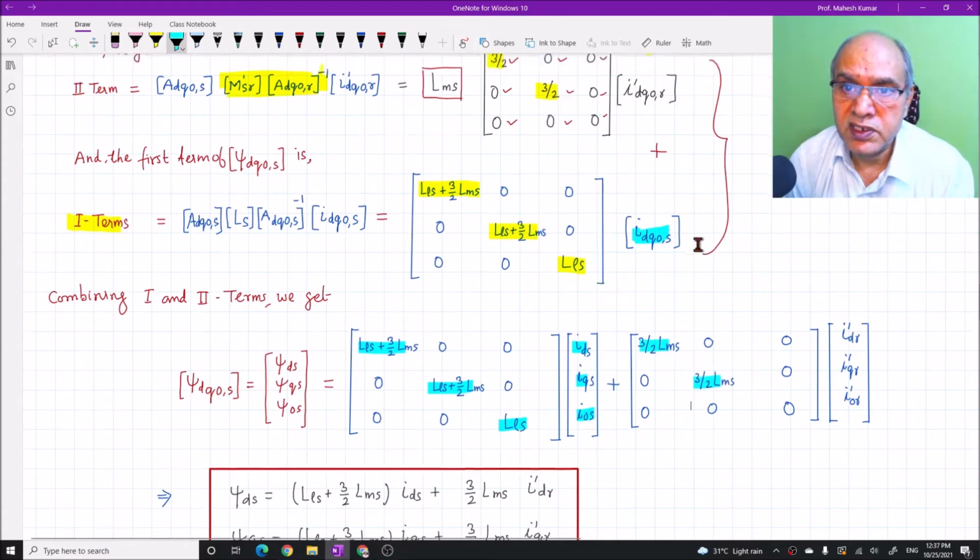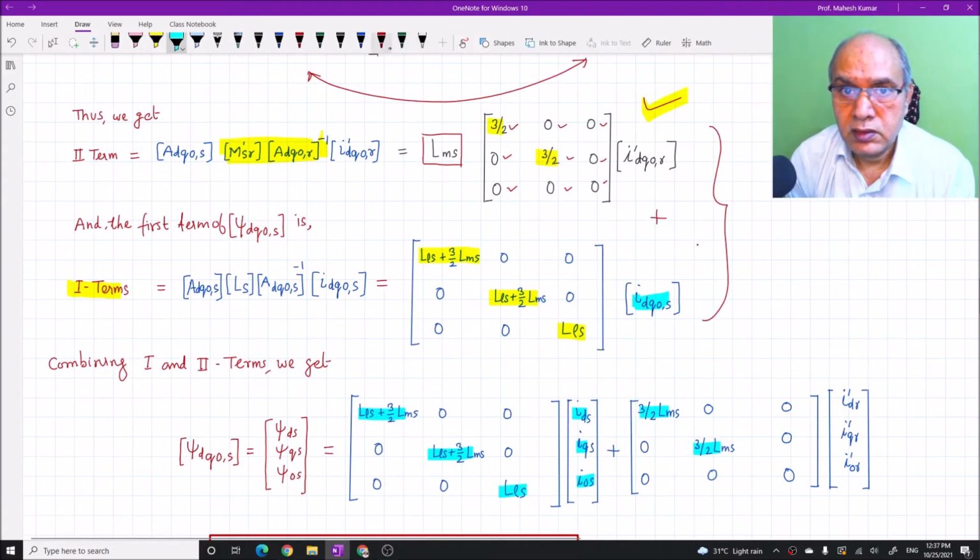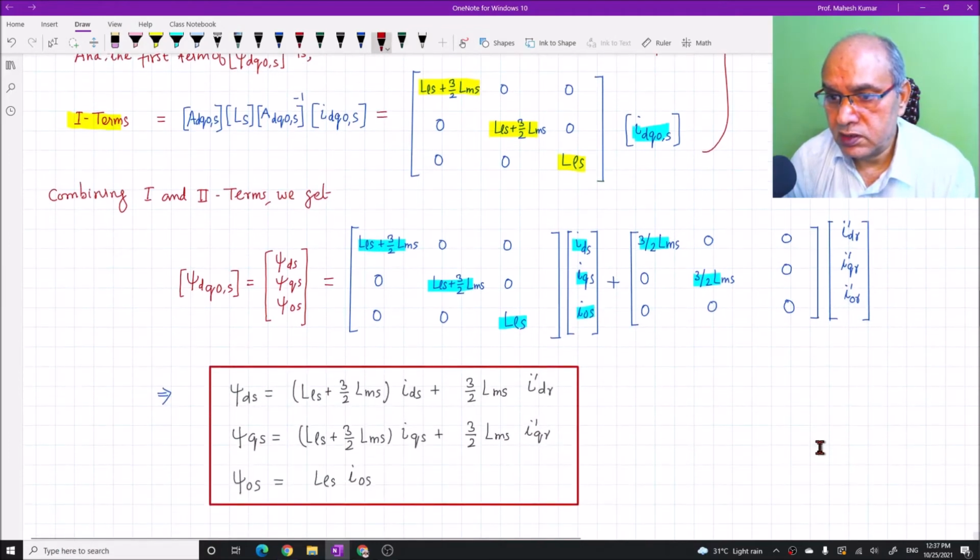I can take LMS inside, this into this. So 3 by 2 LMS and 3 by 2 LMS will be here, and then IDR dash, IQR dash, I0R dash.